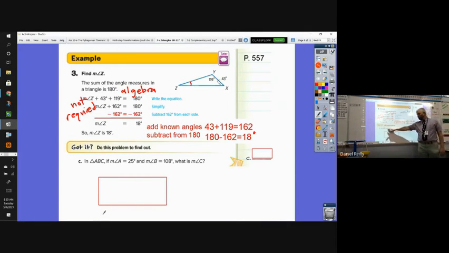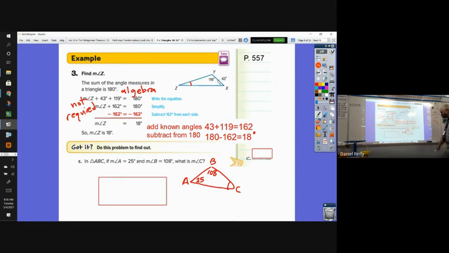So, triangle ABC, and you can draw this out if you want. Angle B is 108. Angle A is 25. And what is angle C? What am I going to do to find the measure of angle C?